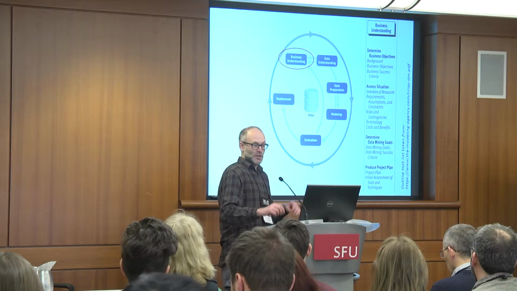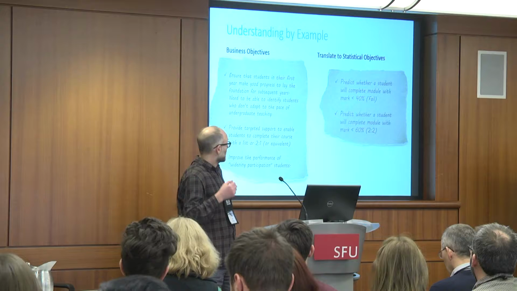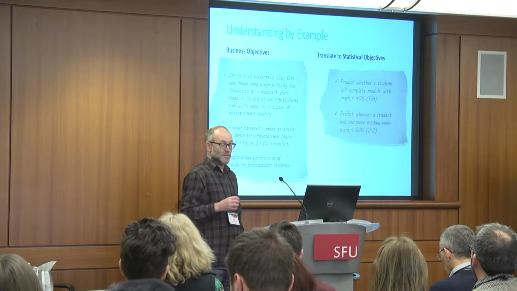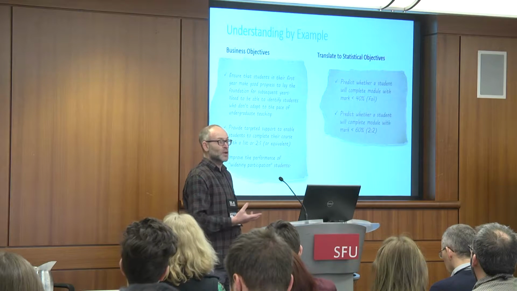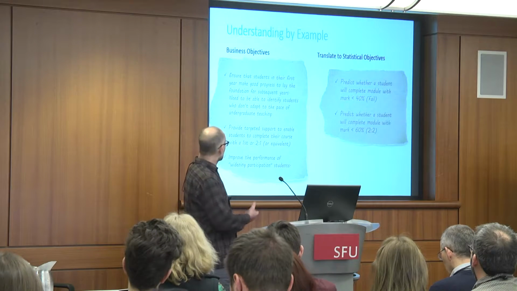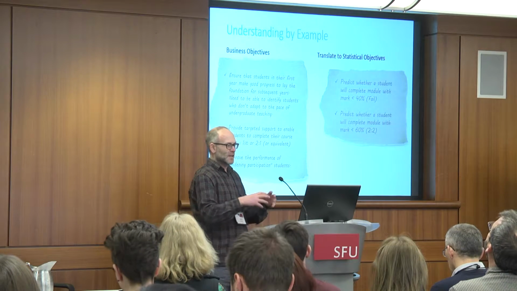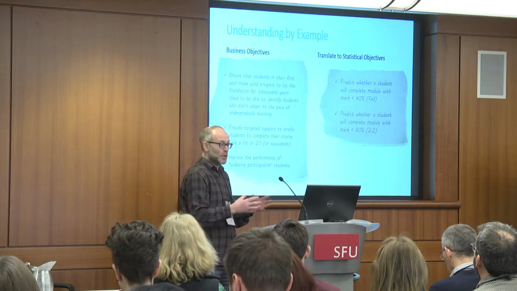So, first starting on business understanding. Here are some examples of the kind of things that we might talk about with customers when we're talking about this phase of the process. It might be a variety of business objectives. These are often quite broad in a sense. The top one here is about students making good progress. It's not really framed in terms of attainment, but in terms of keeping up.